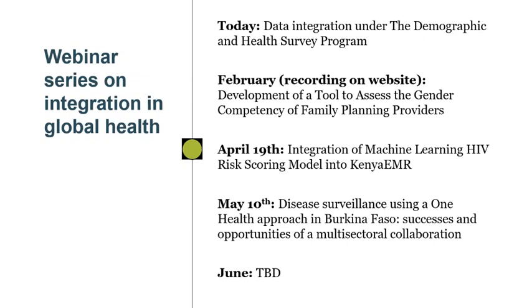So now I'd like to introduce today's two presenters. First, we have Rose Donohue. She is a senior geospatial data scientist with ICF International working on the DHS program. She has a PhD in biological sciences and an MS in global health from the University of Notre Dame.